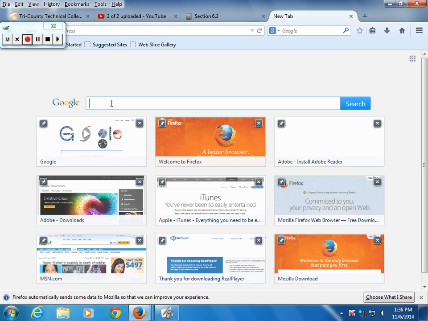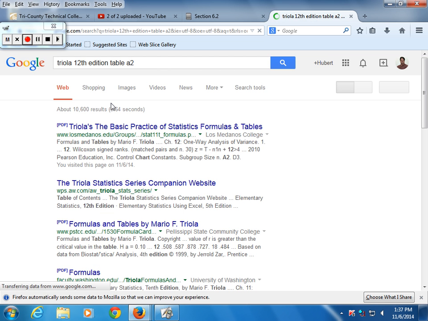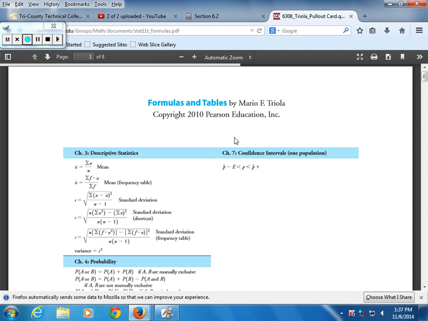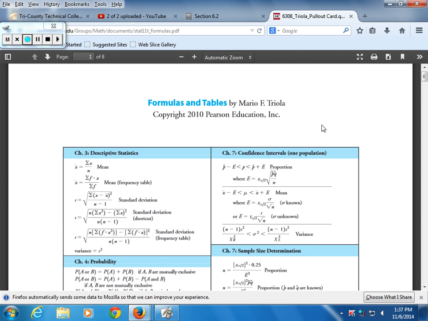Type in Triola, that's the name of your book, the author, 12th edition, Table A2. And it's the first one. Click on it and print it out. About 5 or 6 pages. Or 8.